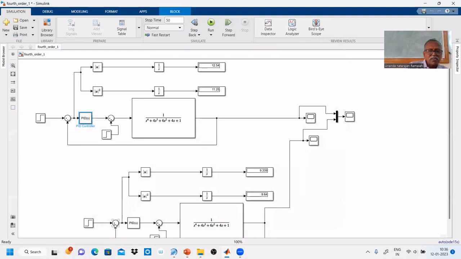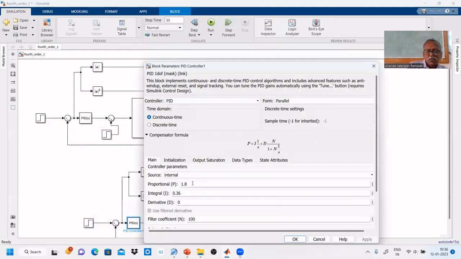So we entered for reaction curve. Similarly, we have to enter for continuous cycling. What is that? 2.4. What is Kc by Ti? 2.4 divided by 5. 0.8. Okay.